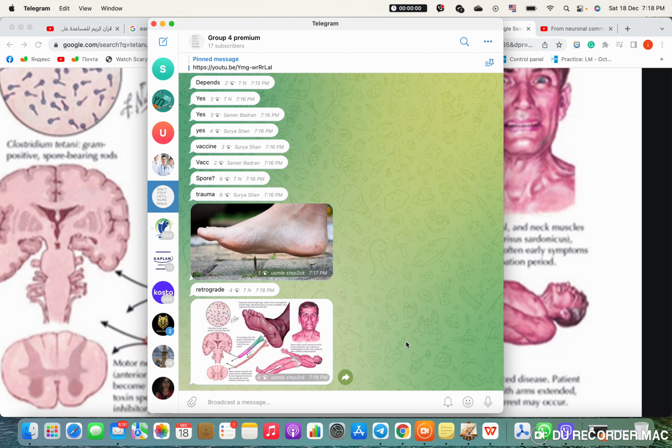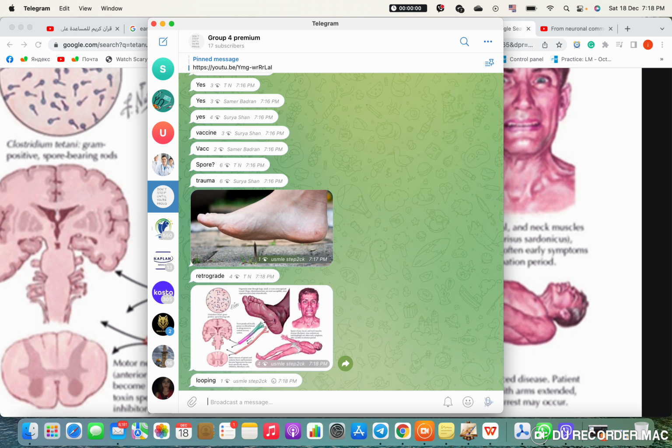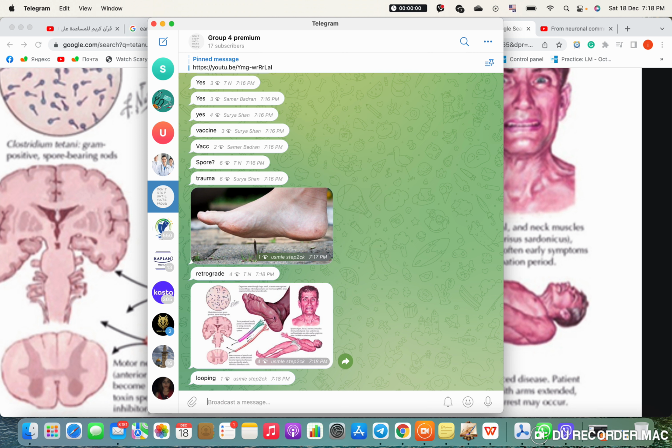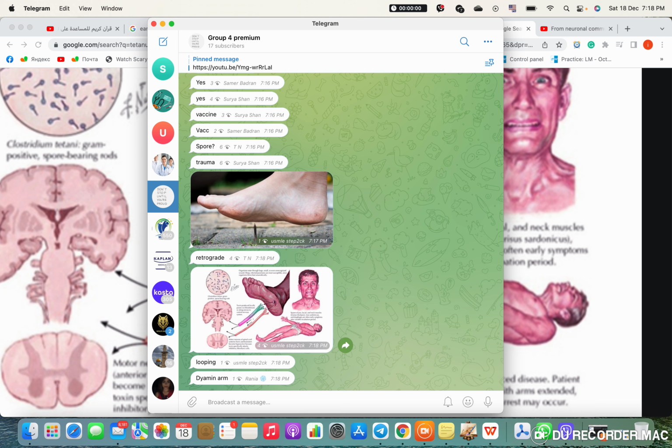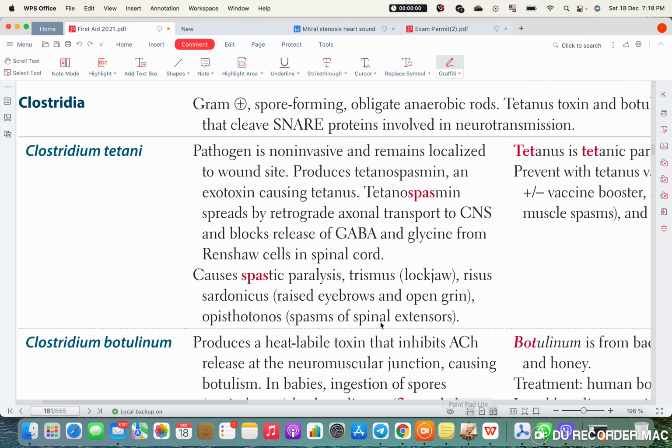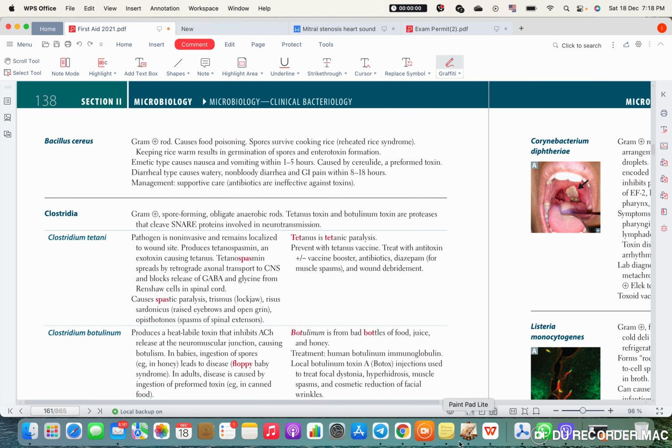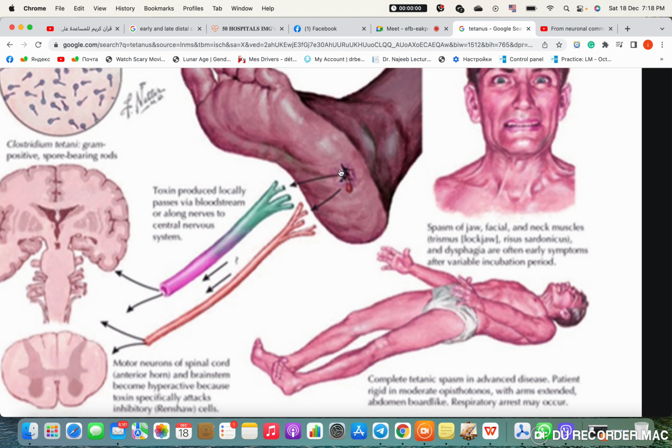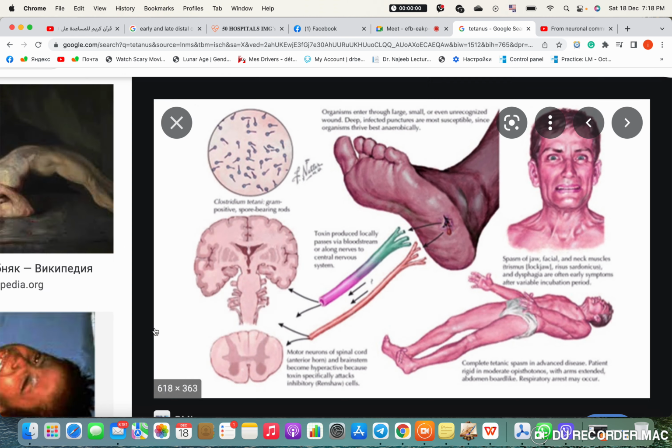If you want a hint, when we spoke about cardiology, it used to help in the lubbing of the heart. The dynein arm, you are absolutely correct. So it takes the help of the dynein arm to move the toxin from the periphery to the CNS, and it moves retrogradely, obviously.